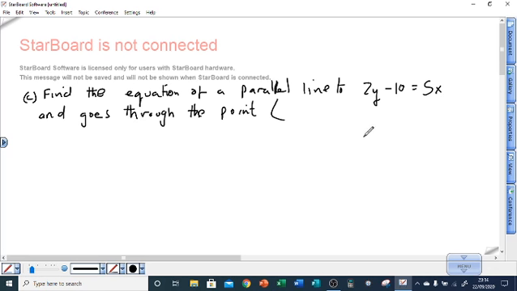Okay, right, so I'm going to say (4, -2). Okay, so find the equation of a parallel line to this line here and goes through this point.